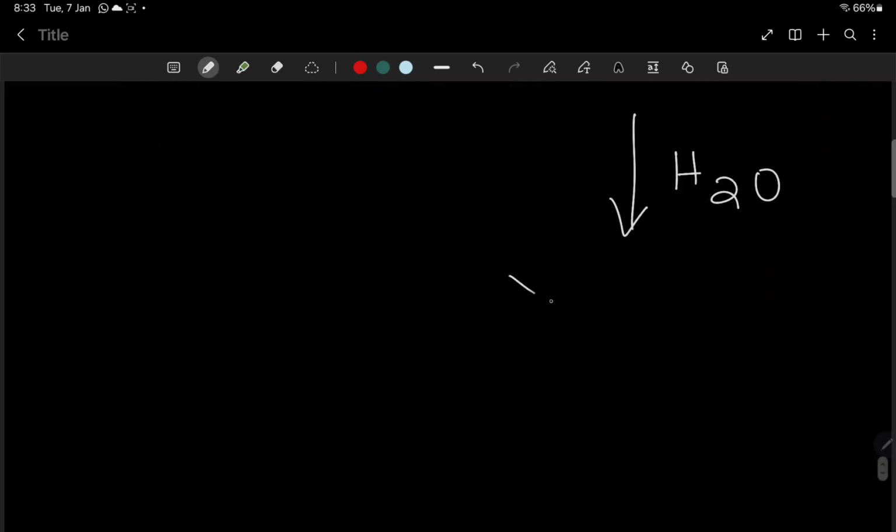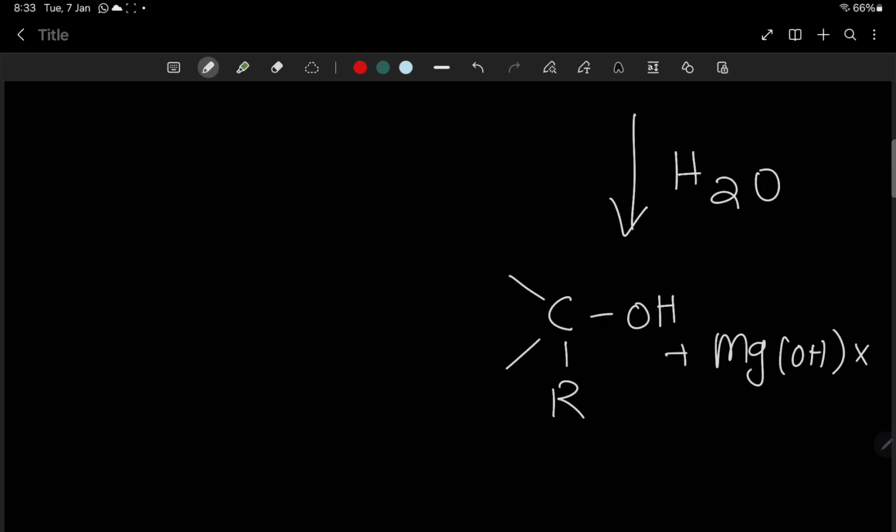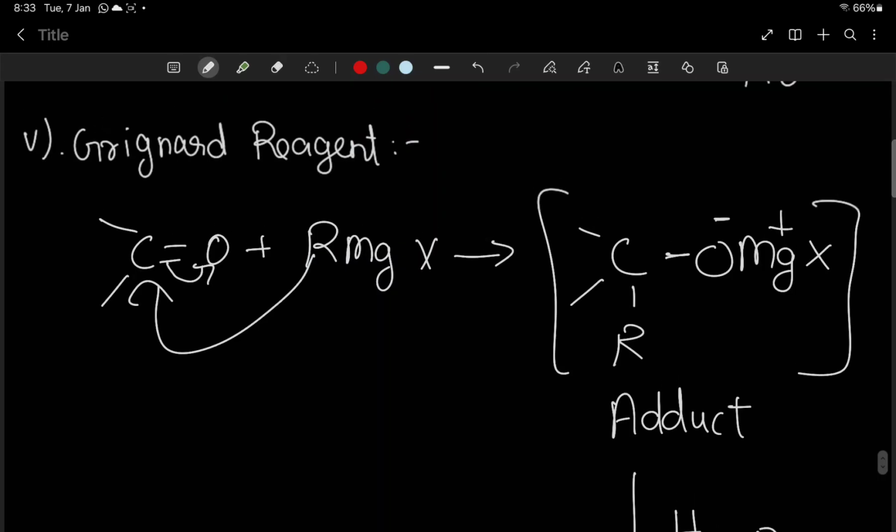We get CROH plus MgOHX. Okay, finally we got it. So you can use different aldehydes and ketones to prepare different alcohols.